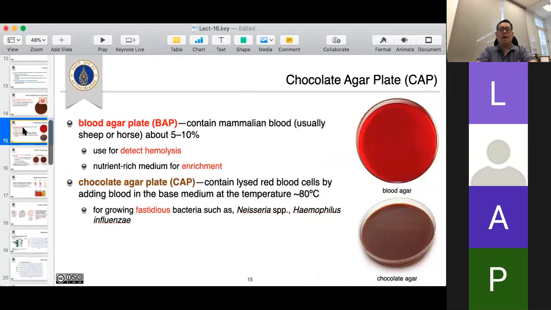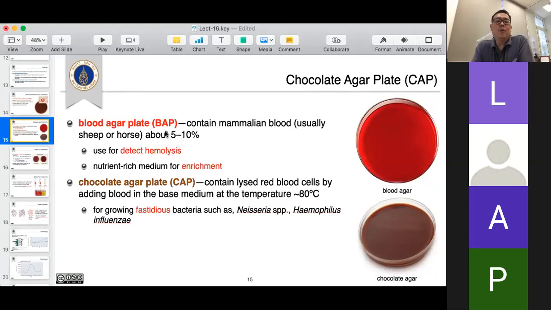Okay, let's talk about the chocolate agar plate. Blood agar and chocolate agar differ in the method of preparation and the purpose of use.